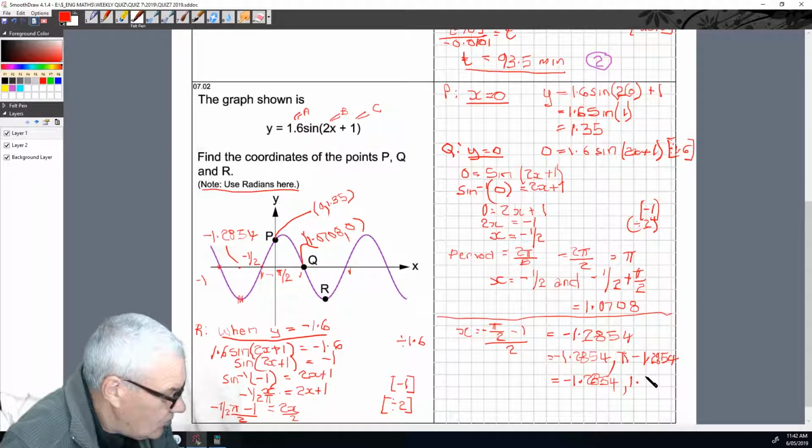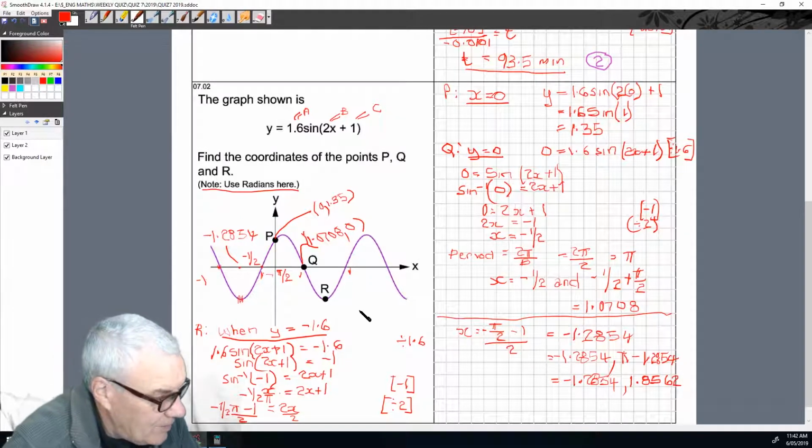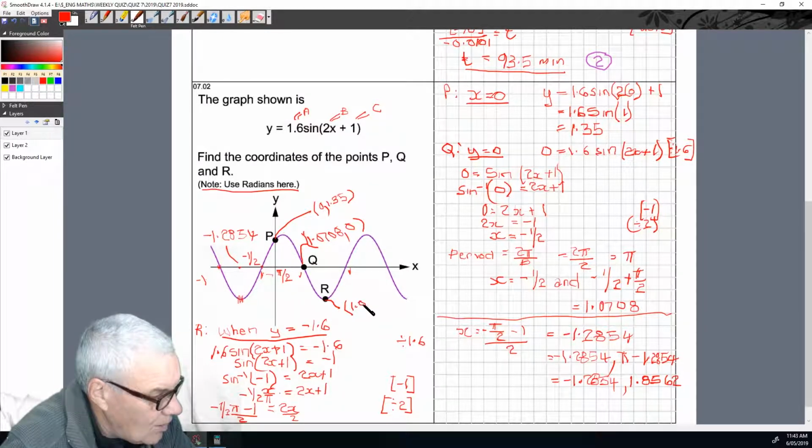1.8562. So that means that R is the point 1.8562, that's its x coordinate, minus 1.6.